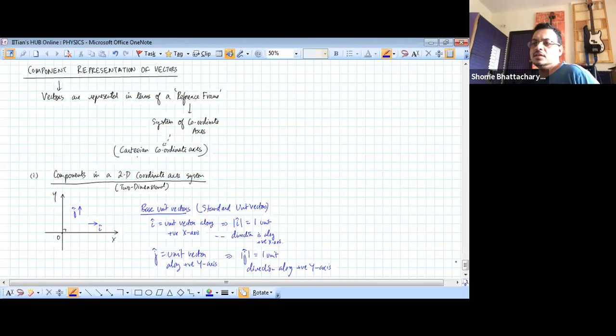Right, so just like in 2 dimensions, we have i cap and j cap as the unit vectors along the x and y axis, which are mutually perpendicular. When we come to 3 dimensions, next time we will see that there is also the z-axis, which is perpendicular to both x and y. The vectors are represented in terms of a reference frame.